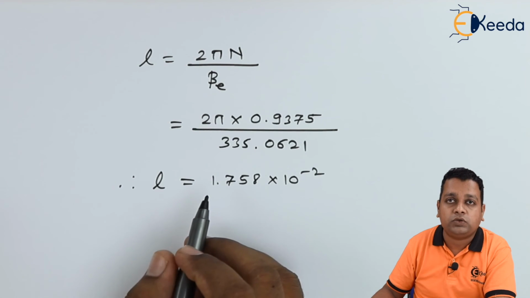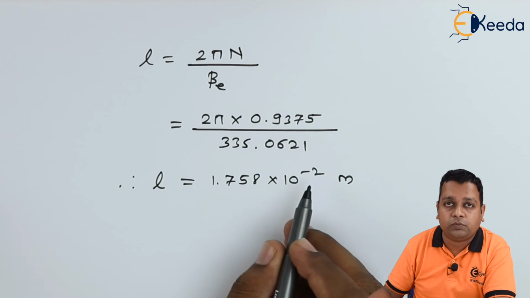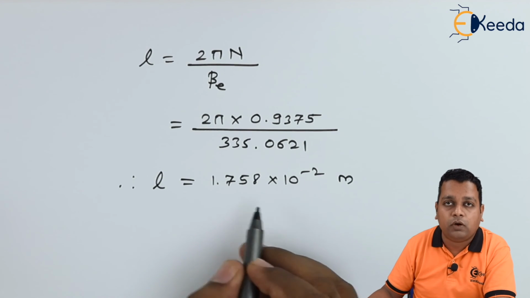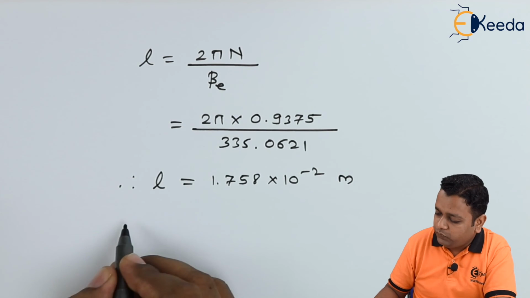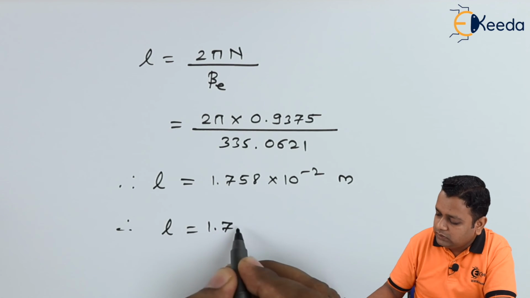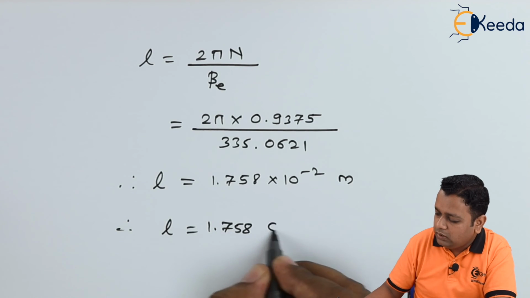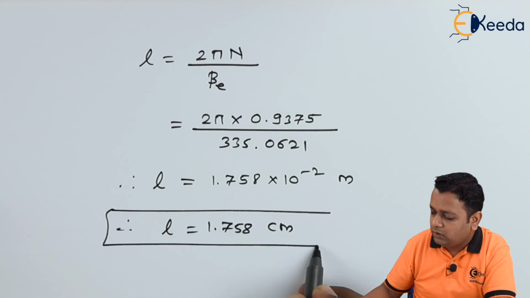As this is the length, it should be measured in terms of meters. The multiplicand 10 raised to power minus 2 can be absorbed if we write the details in terms of centimeters. Therefore, we obtain the value of L as 1.758 centimeters. So I outline this particular value.